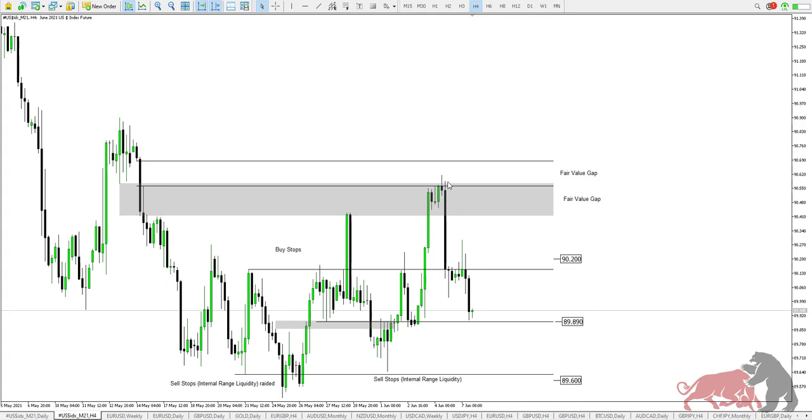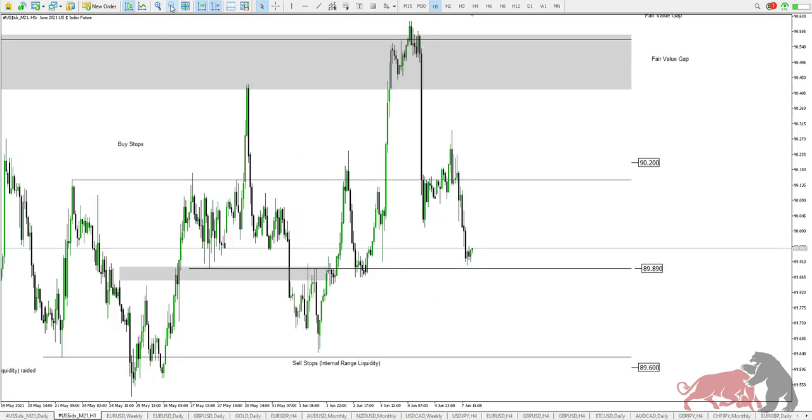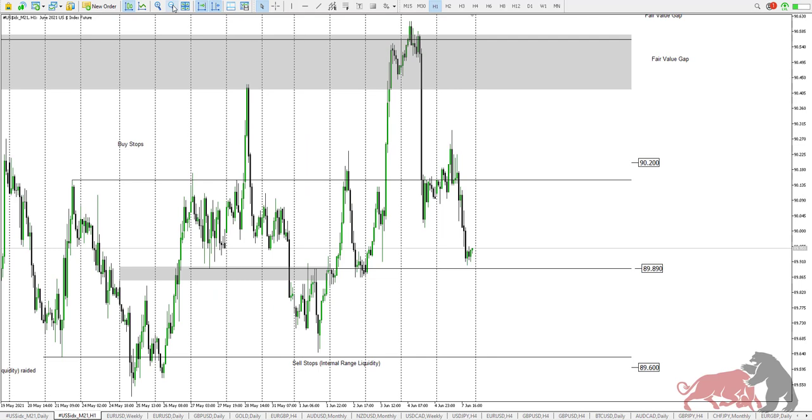I've already modified and extended my institutional order flow that I have marked on the chart, and you can see today Monday's price action on dollar. We have dropped down from 90.200 back to 89.89, and where is price likely heading to?